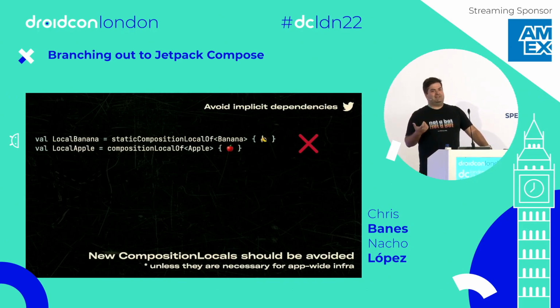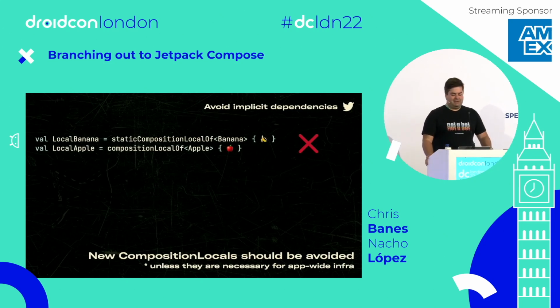So we also maintain an allow list of composition locals that we allow people to use. And our team has strong ownership of that allow list, so we get to see if it's warranted or not.